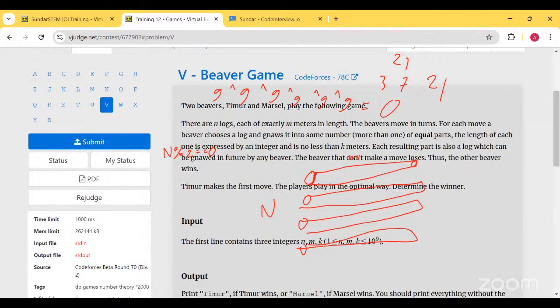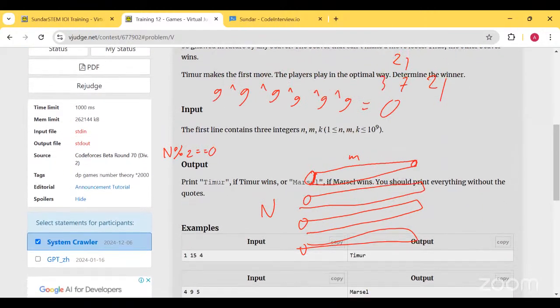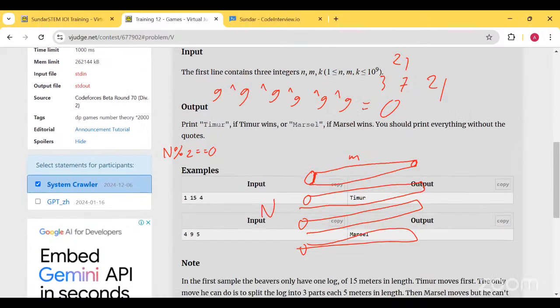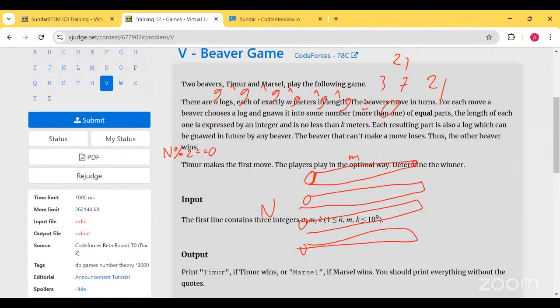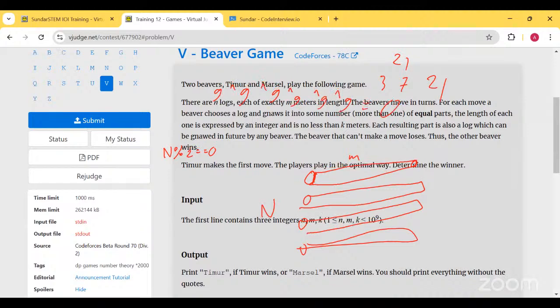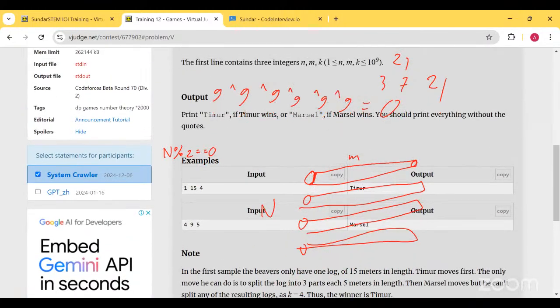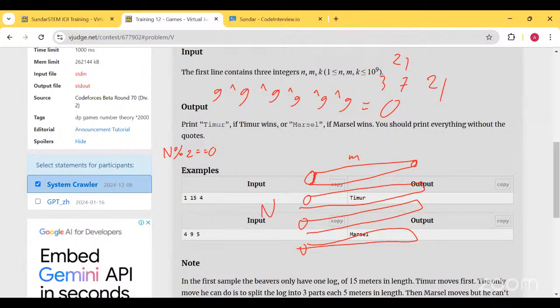Which one is the second player? Marcel. Yes, if N is even, then the result is always Marcel.